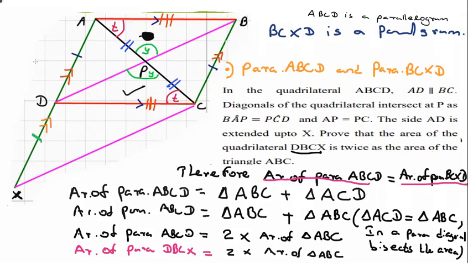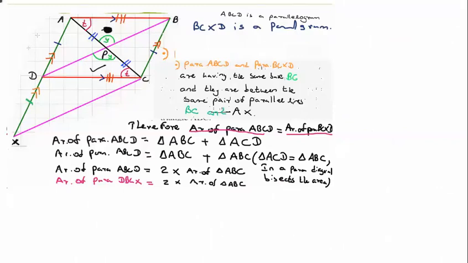Even if you feel your examiner would ask you, how did ABCD suddenly become DBCX, you can write the reason within brackets. So what reason would you write?